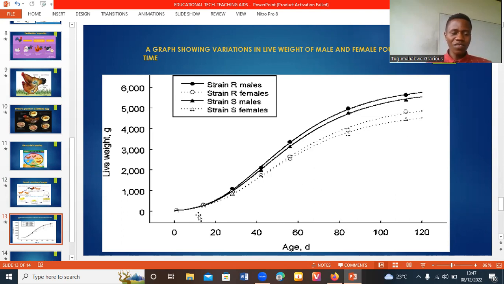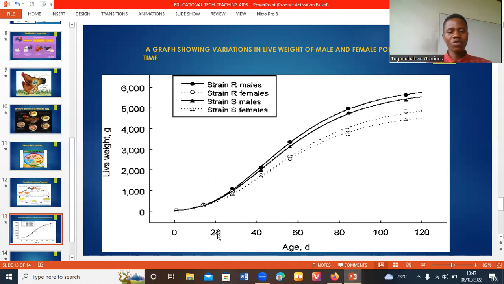So that's how it is. You can see in males that the live weight of male is greater than the weight of female.